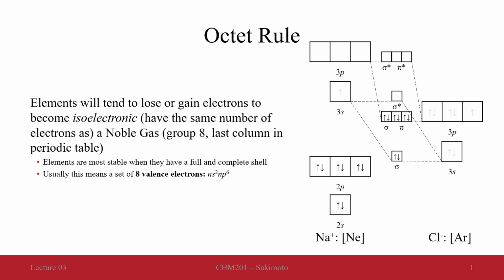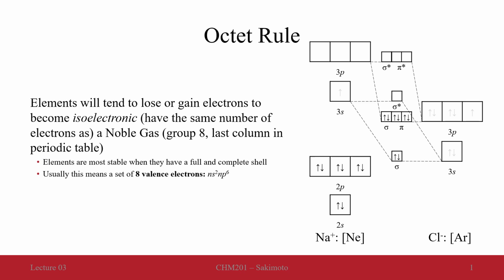At the end of it, if you were to rewrite their electronic structure, you would see that sodium, by losing its extra 3s electron, now has its highest valence electrons as 2 in the 2s and 6 in the 2p, which is the exact same electron configuration as the preceding noble gas neon. One reason why we write the electron configuration in this noble gas notation is that every time we either complete or remove to a completely filled shell, so we remove all the third level electrons, we end up exactly at the same configuration as one of our noble gases, in this case, neon for sodium.